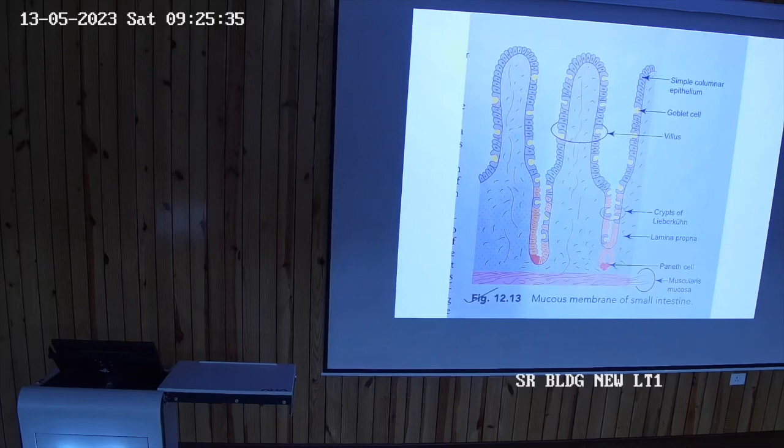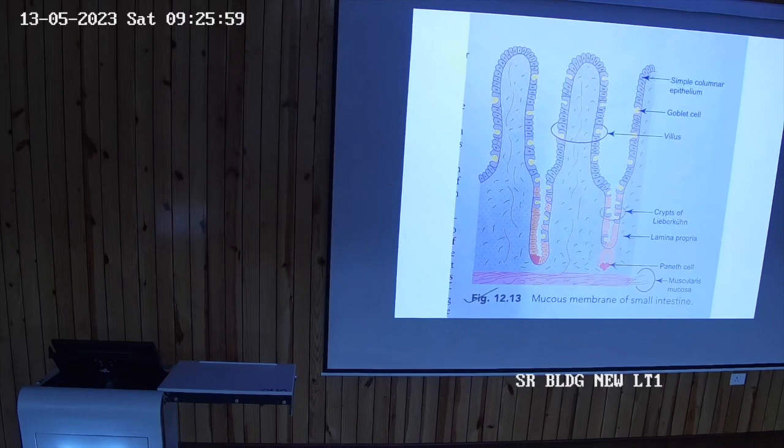Here the nuclei are not shown, but when you draw in your record, draw an empty goblet cell, and in the base draw the nucleus, flattened nuclei. Don't tell me, sir, it was not shown in the diagram. So this is the part of the villus.